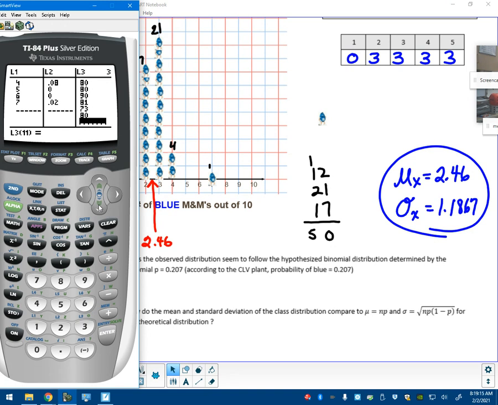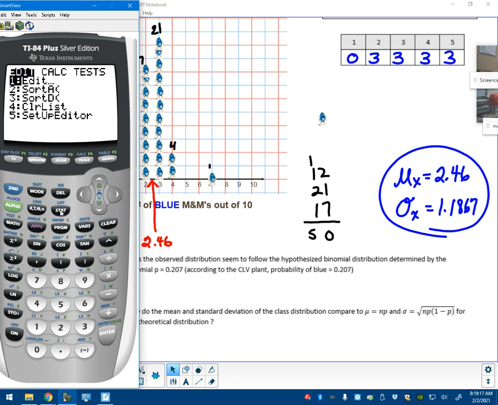All right, so if I sum that up, I can do math, sum. It's a list, so it's a list operation.